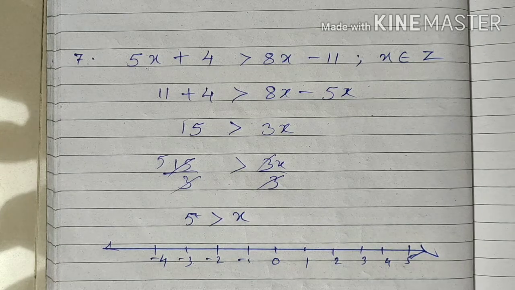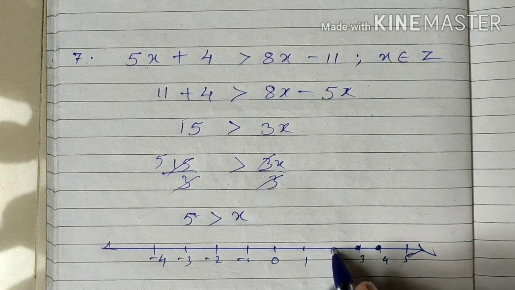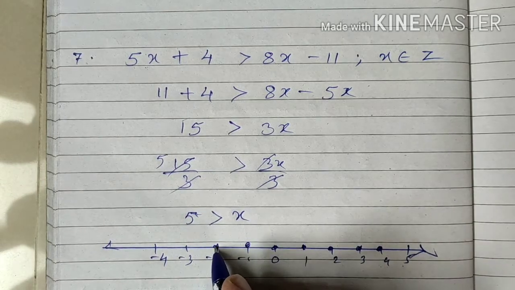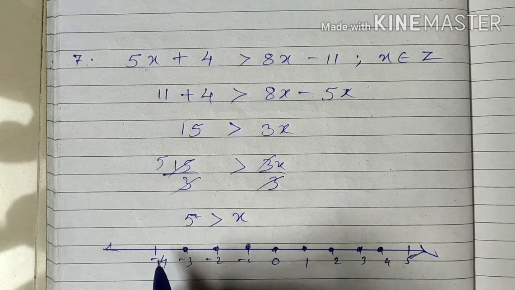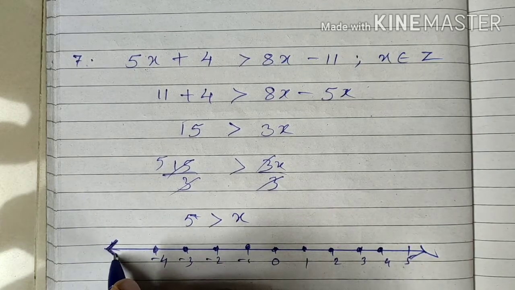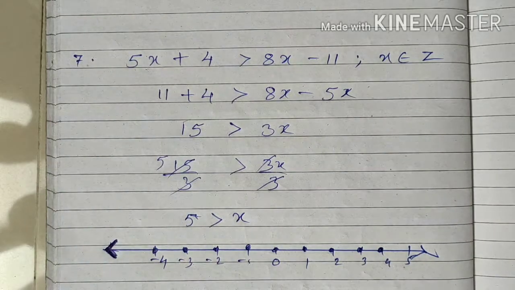If the value of x is less than 5, then it will include 4, 3, 2, 1, 0, minus 1, minus 2, minus 3, minus 4 and so on. So we will show the arrow as a dark arrow because it goes up to infinity on the negative side. Okay.